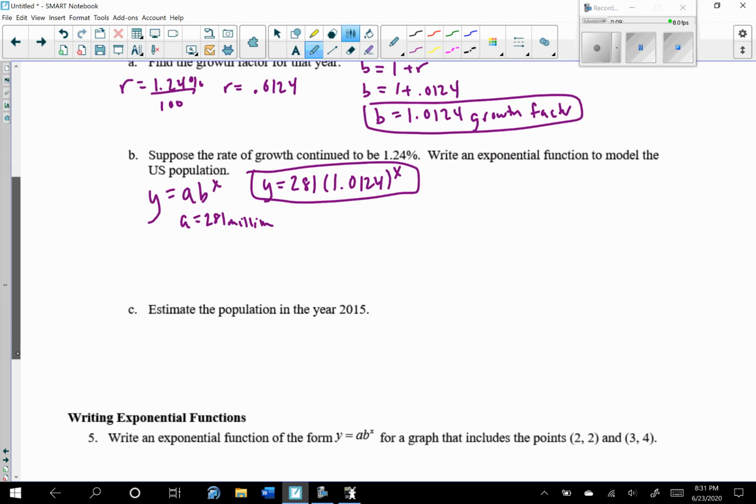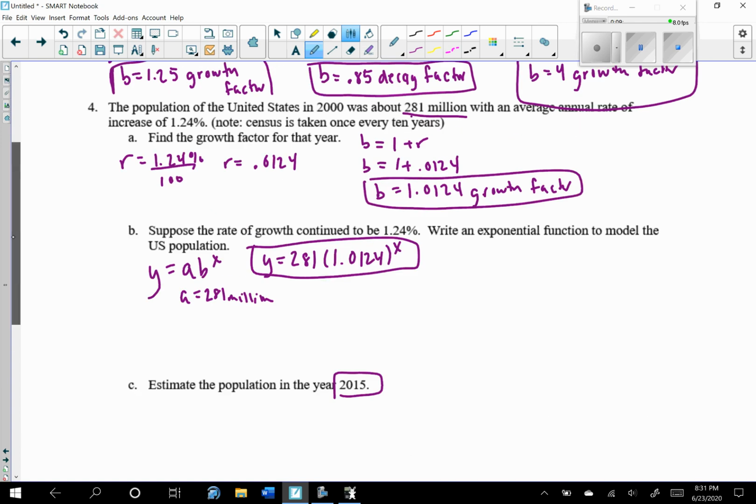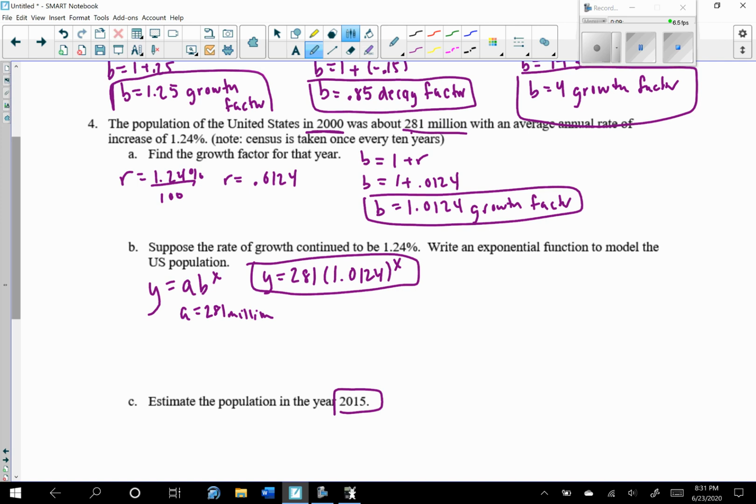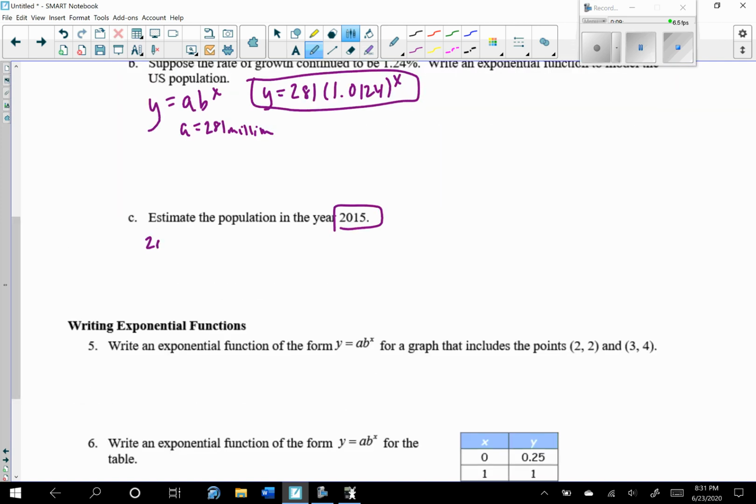Looking at C, it says estimate the population in the year 2015. So for this one, if you go back to the problem, remember it says in 2000 it was about this much. So 2015 minus 2000 is what we are using for our x value, which is 15 years. So in my equation, y equals 281 times 1.0124 to the power of 15.